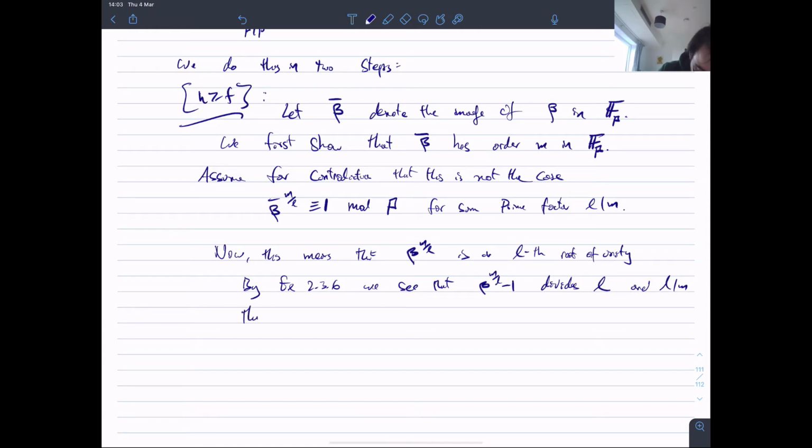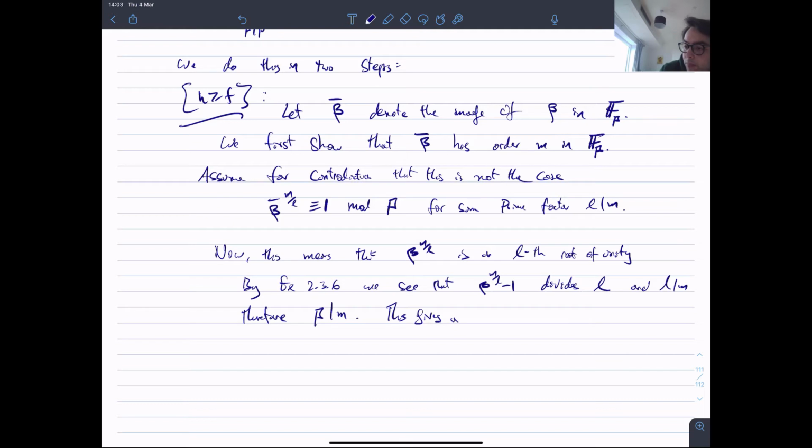Therefore my prime ideal P divides m. This means that this minus 1 is 0 mod P. So P divides this thing, and L divides this thing, so somehow you put them together and you get this. But this is a contradiction.